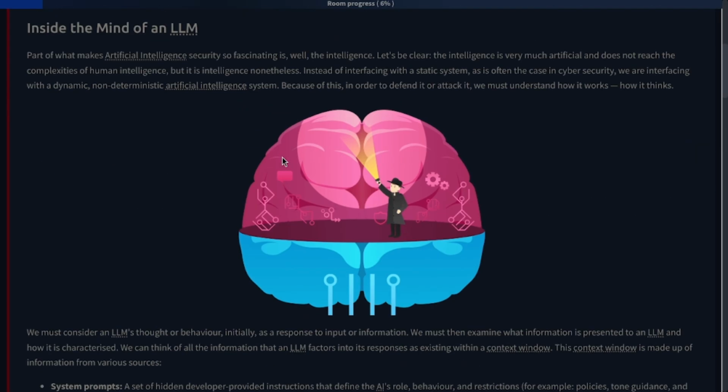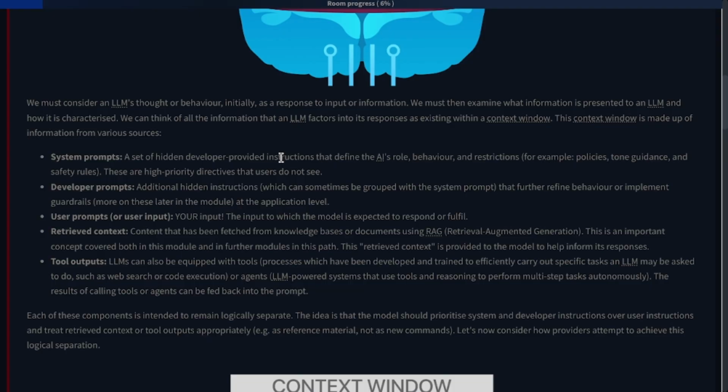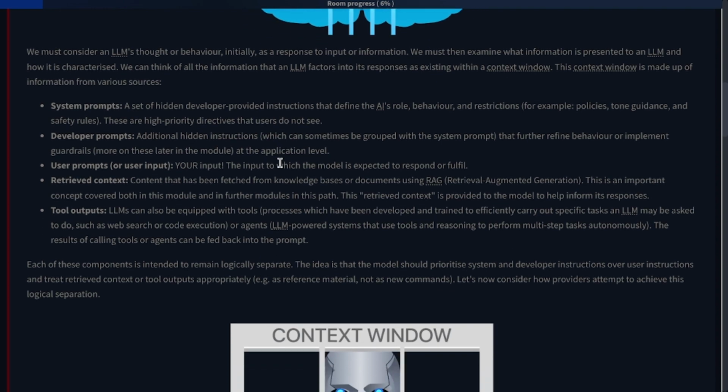So these are all the inside mind of an LLM, and the context window is comprised of these particular sources. One is the system prompt, and just a quick overview: the system prompt is anything given by the developer to refine the model for its role, behavior, and restrictions. The developer prompt is a further addition to the system prompt to implement restrictions, and it can sometimes be grouped with the system prompt.